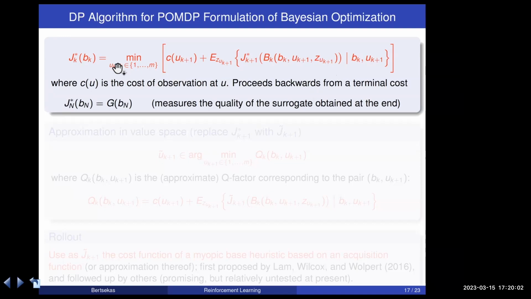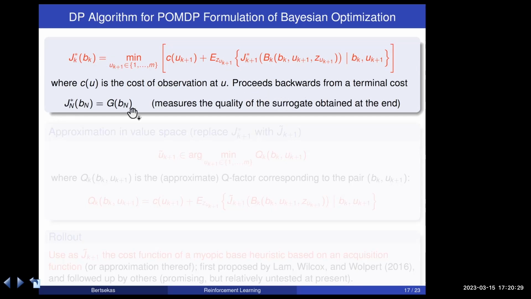The optimal cost to go at time k as a function of the posterior is the minimum over all possible u, or over all possible observations, of the cost of the observation. This takes into account the cost of the observation and the expected cost to go, conditioned, of course, on bk and uk plus 1. When you minimize with respect to uk plus 1, you get Jk star of bk, a function of bk.